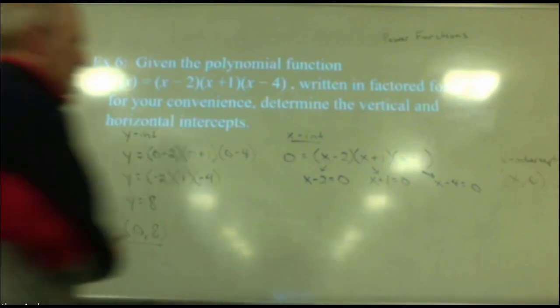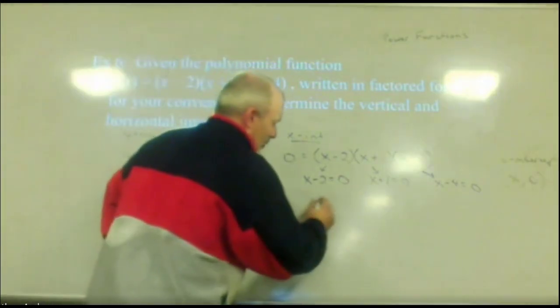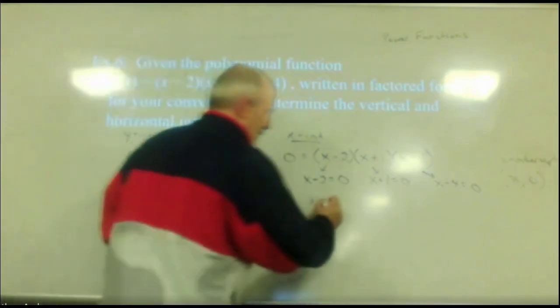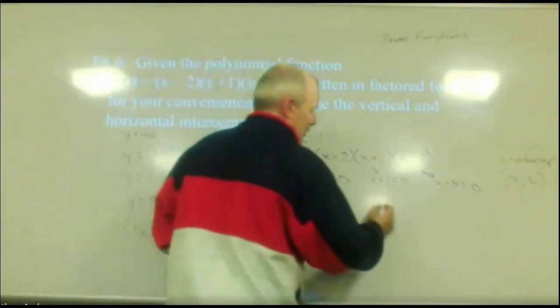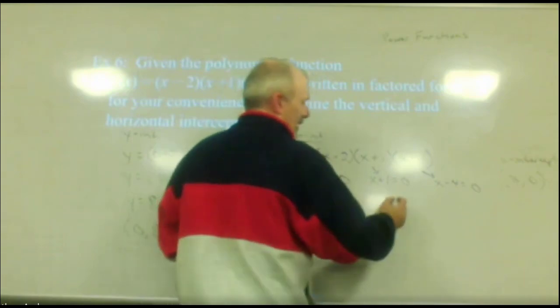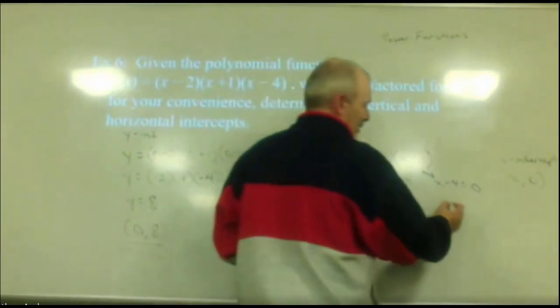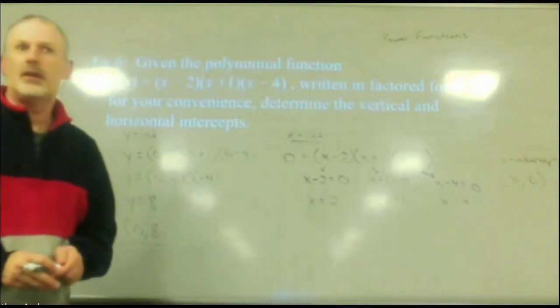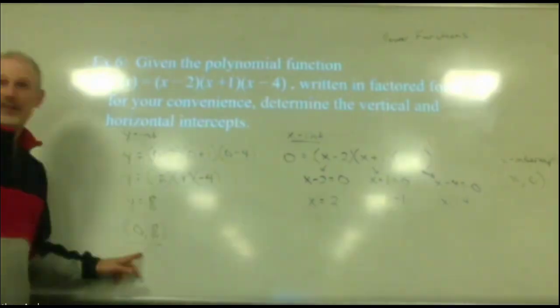Okay, so what do we get for an answer here? What do we have to do to get that x by itself? Add 2, and so we just get 2. What do we have to do for this one? Subtract 1, so we get negative 1, and over here, add 4, so we get 4. Now, we do want our answer to look like this, right?